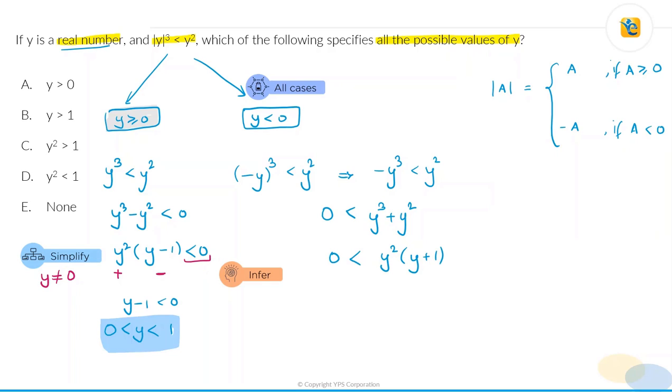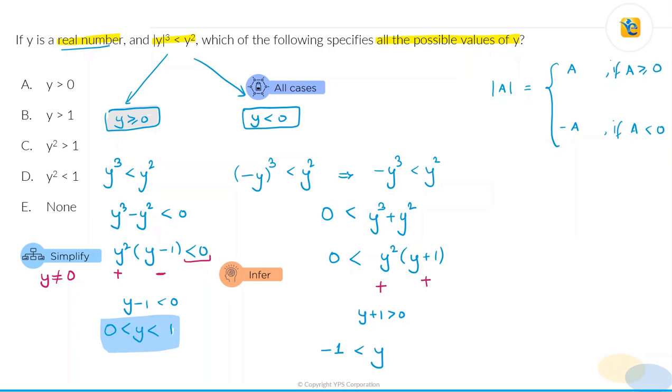This time I know y is negative. That means my y squared has to be positive. Now the question of y being 0 does not even arise. So for the entire product to be positive, I can also infer that y plus 1 is positive. Now y plus 1 being positive means that y is greater than minus 1.